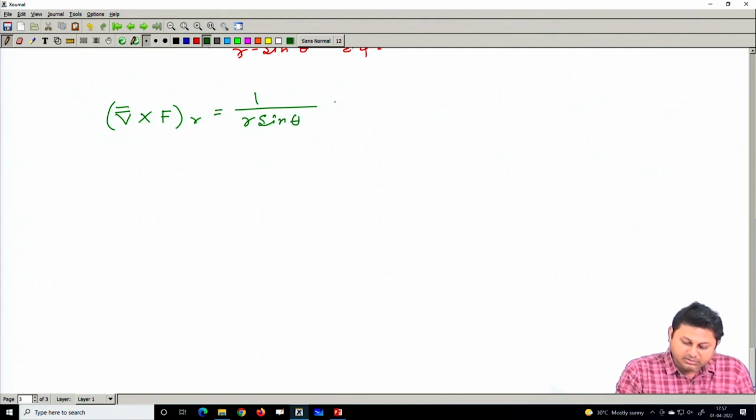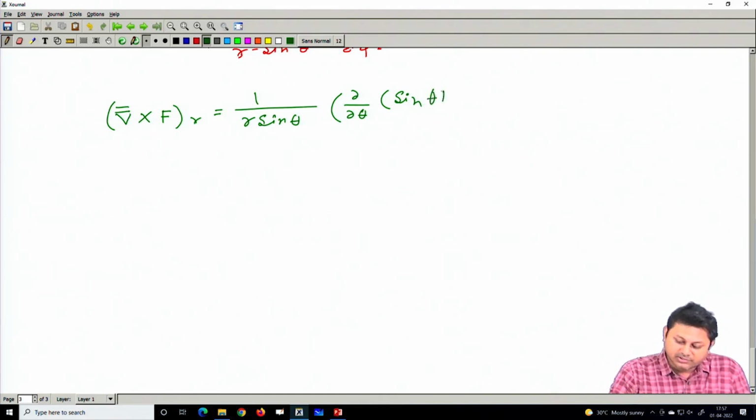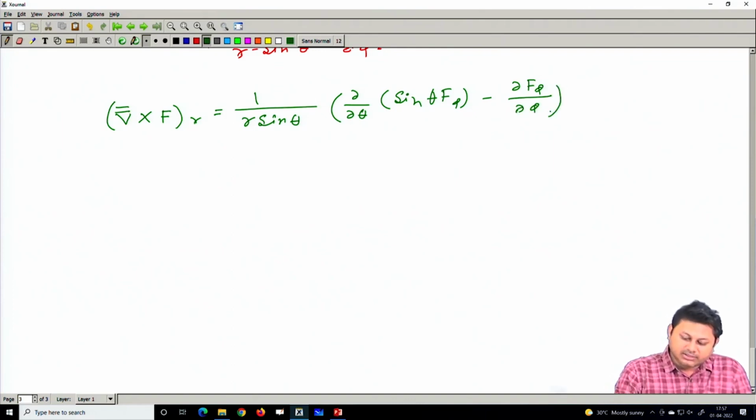It is not very useful to remember, but at least I am writing it so that you can understand how these expressions come about: del of sin theta f phi minus del f theta del phi. The generalized calculation is already done in the curvilinear coordinate system in terms of the scaling factors. Here, I am putting in the specific scaling factors based on the coordinate system I am using.